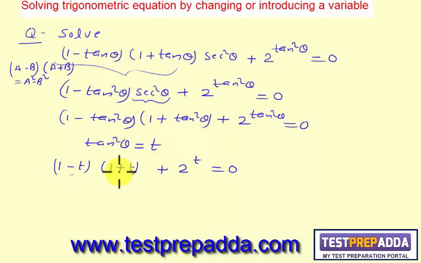So 1 minus t into 1 plus t, again (a - b)(a + b) is a square minus b square. So I can write this as 1 - t² + 2^t = 0.